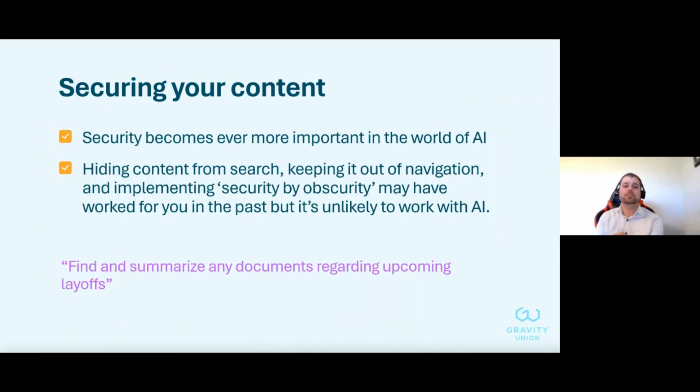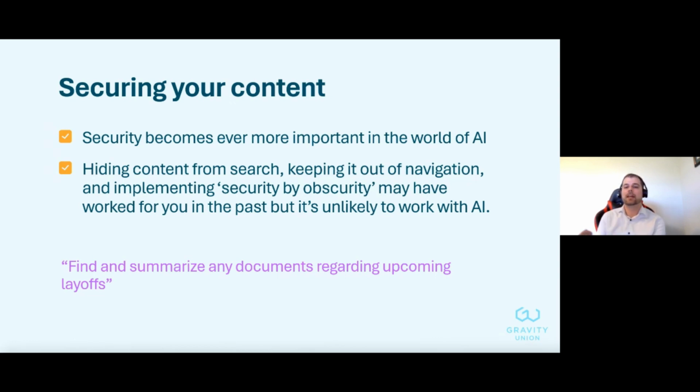So we also want to make sure that we are securing our content, right? Security becomes ever more important as we're talking about AI. Things like hiding content from search, keeping it out of navigation, implementing security by obscurity, hoping that most people just won't stumble upon this content because we've done our best to hide it, might have worked then, but it's likely not going to work with this new AI tech.